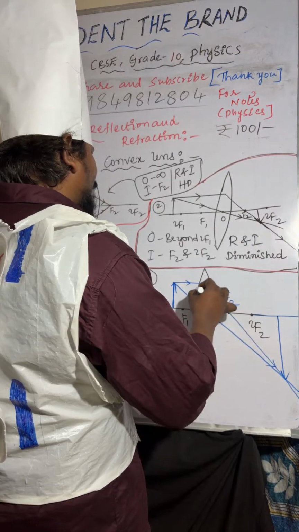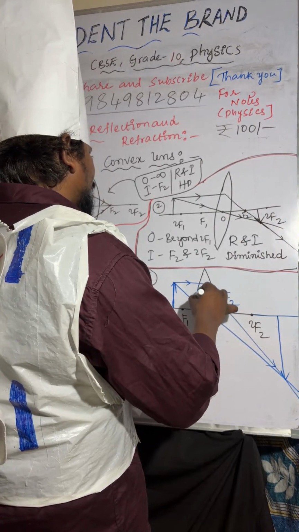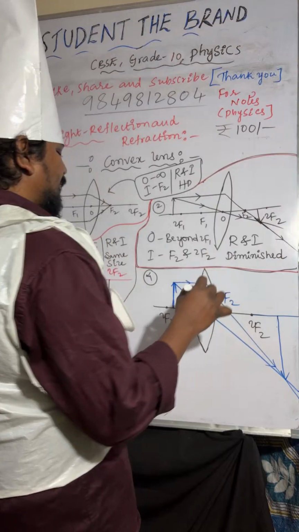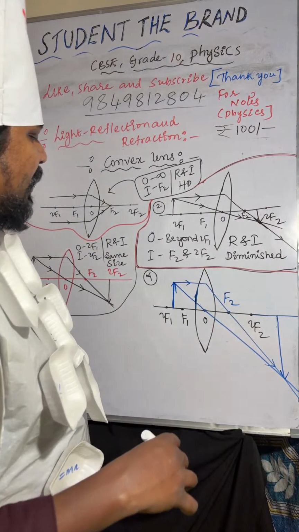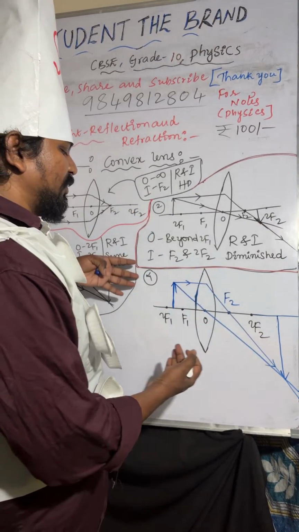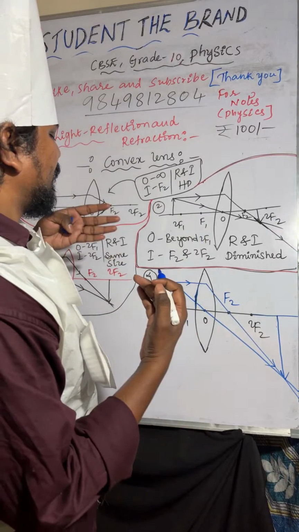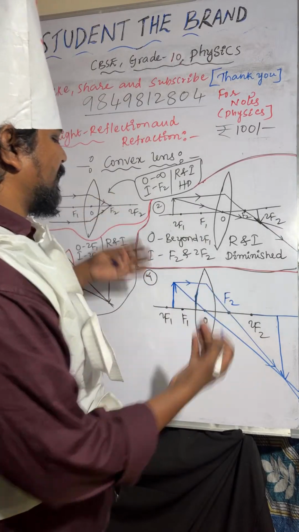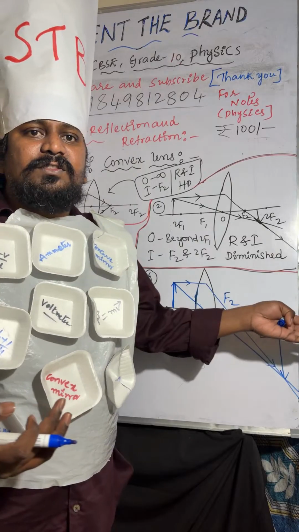So now, where is the object placed? Object is placed between 2F1 and F1. Where is the image forming? Beyond 2F2.